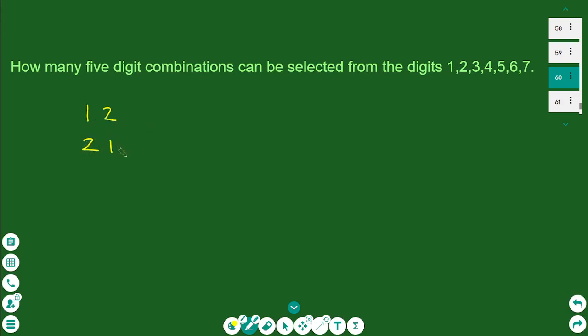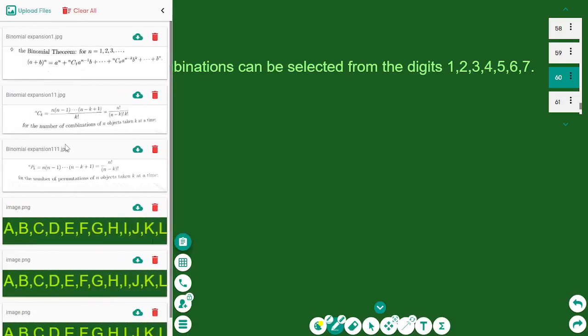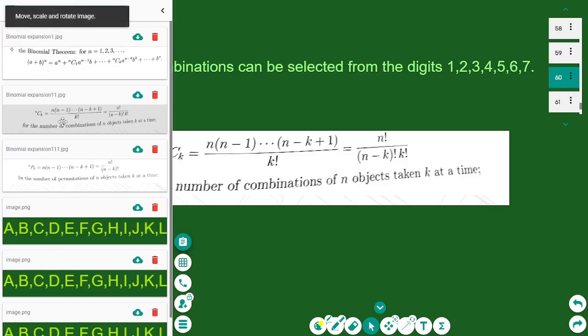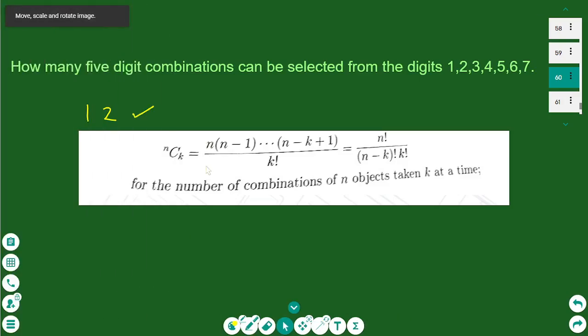So 2, 1 doesn't count as a second combination. So we take only the first. This is the difference between combinations and permutations. So in this case, to find the combinations, we use the formula that is shown here.